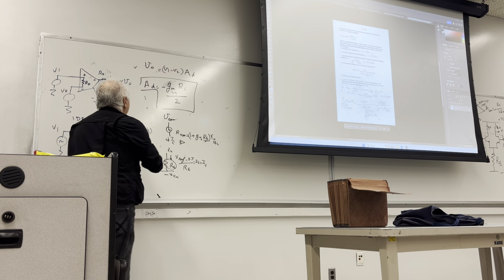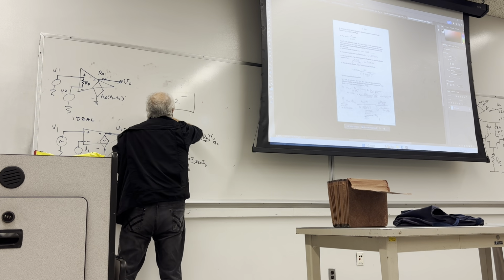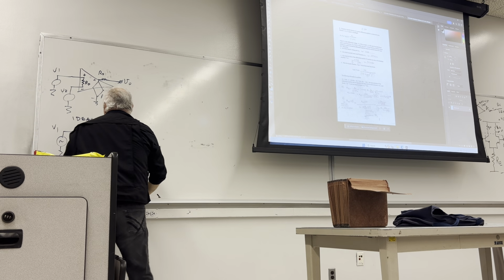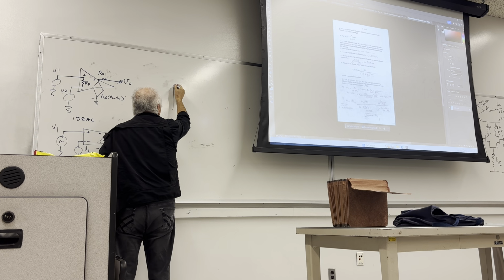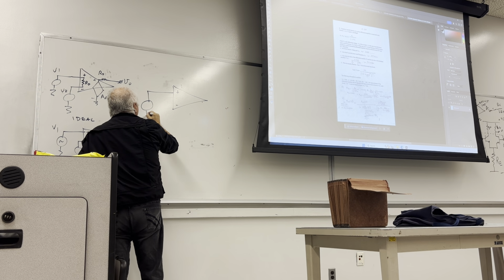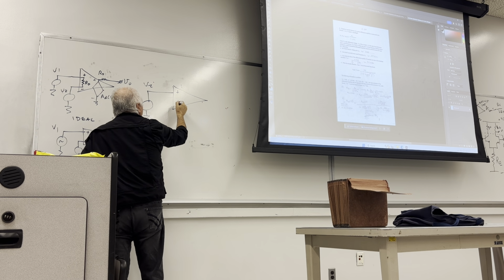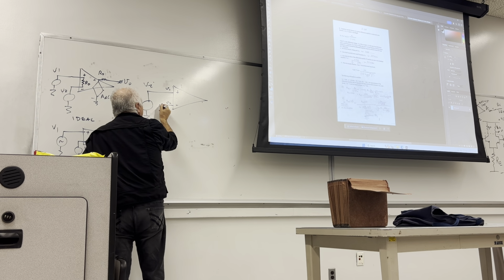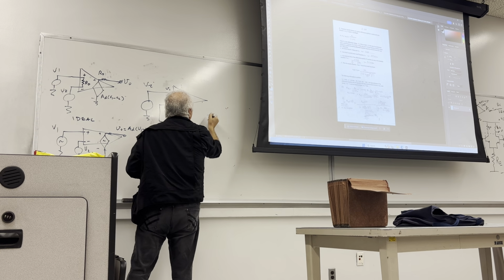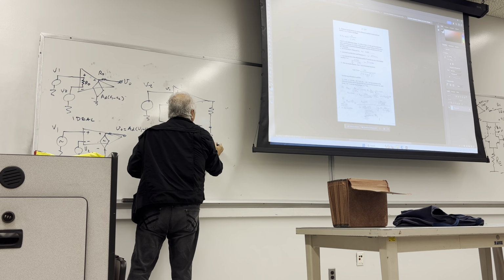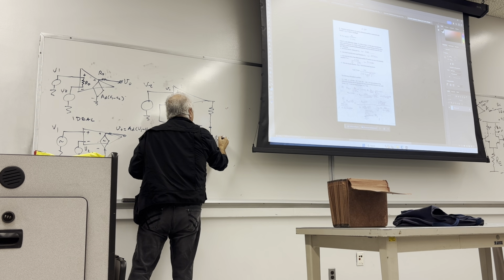And then they will say, look, what happens if I take this amplifier, the one we just modeled over there, and I make this VI, which was the V1, and this is the V2. And I make V2 equal to R2, R1, and this is the VO.